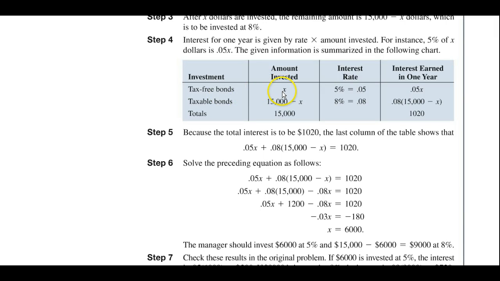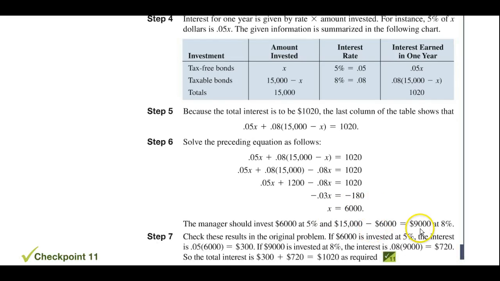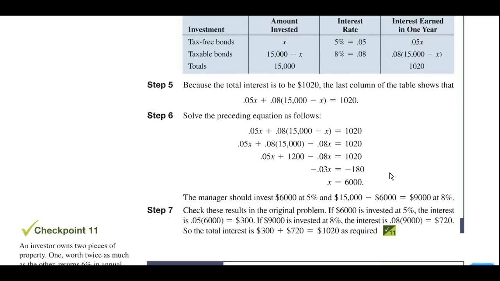Now instead of using the letter P for principal, they used X, which can be used. And when they solved it, they ended up with, and notice they kept the decimals, which you can do. I don't like that, but you can also. This is 6,000. So the other was 9,000. And we did it my way.